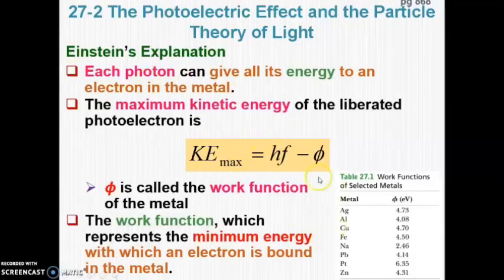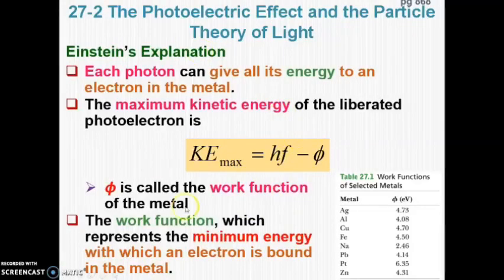Okay, so you know that hf is the energy. So what is the frequency here? Coming from the formula of frequency, c is equal to f lambda. When you substitute f, f is equal to c divided by lambda.